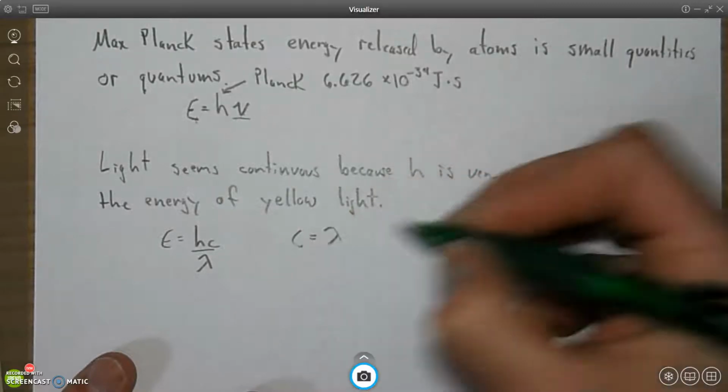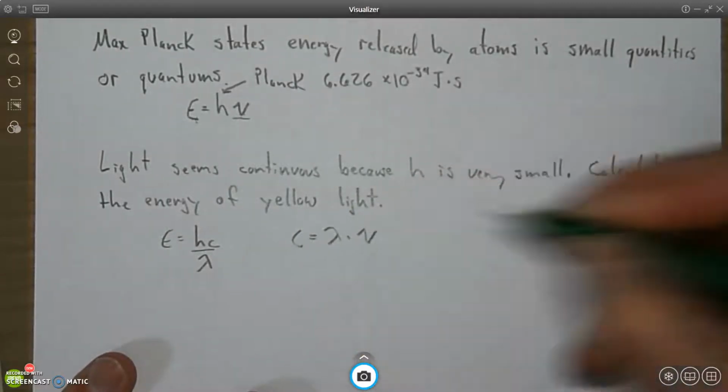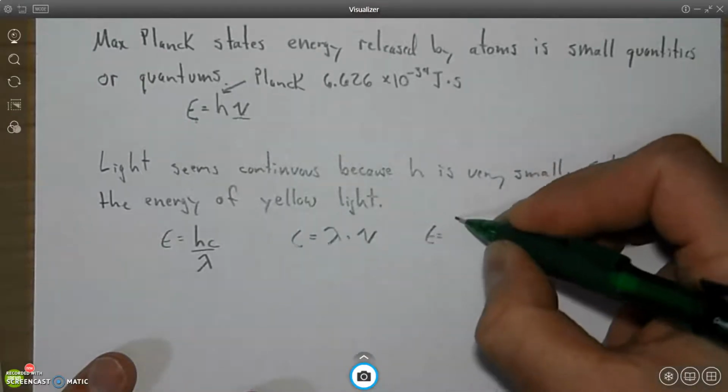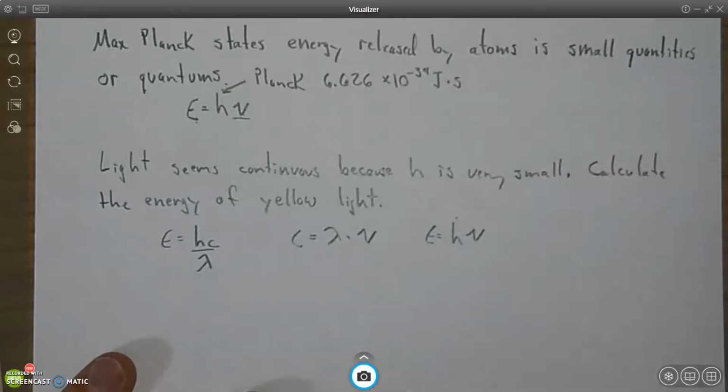c equals lambda nu. We see that. And then we have E equals h nu. Two different equations.